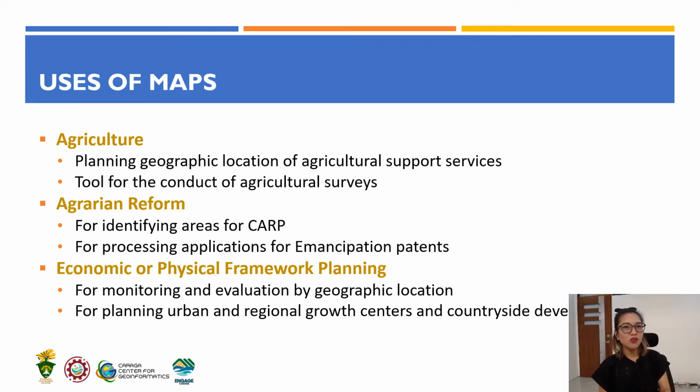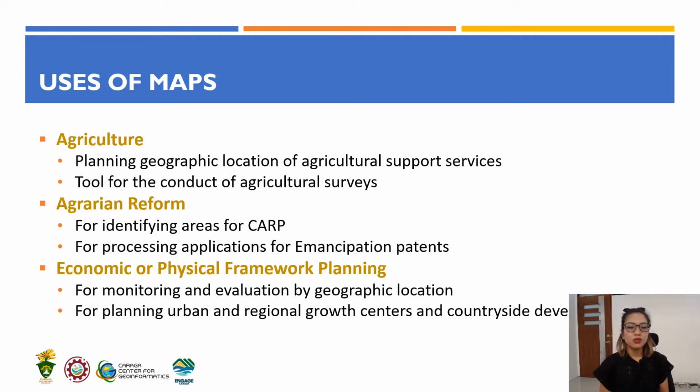So it will save you time if you study prior to your deployment in the field, especially in agriculture, where the strategic locations for agricultural support services are, right? Or where the agricultural surveys will be. So everything can be seen on the map, including the feasible areas to conduct surveys.